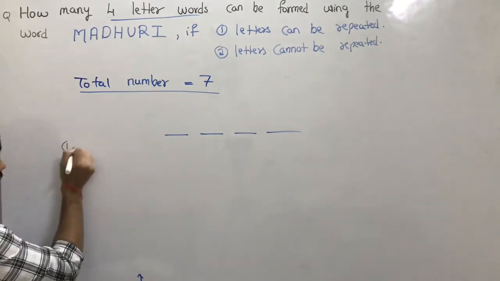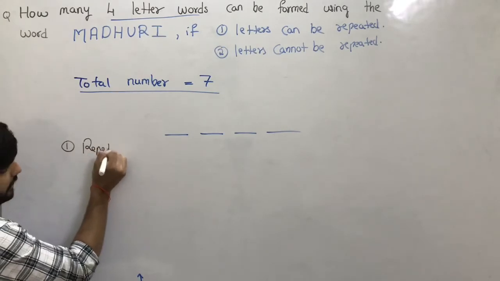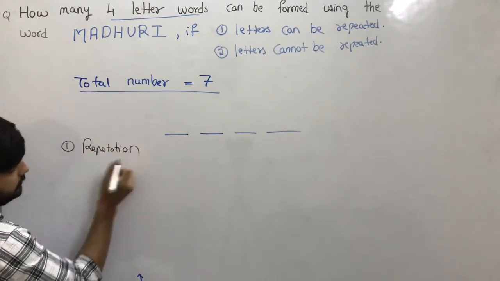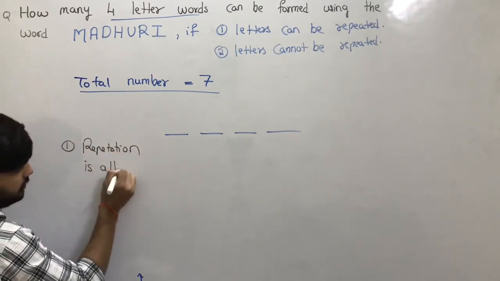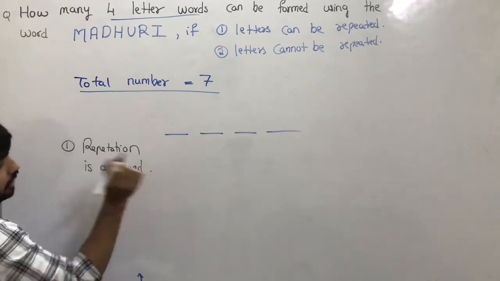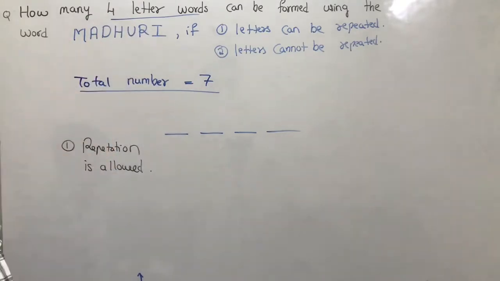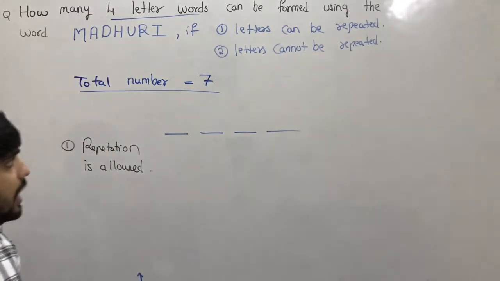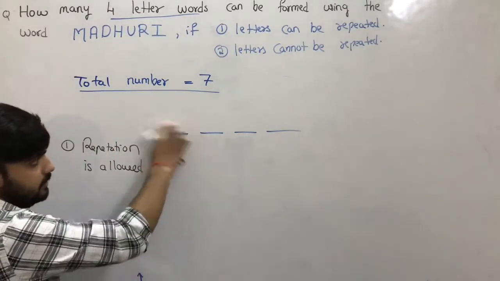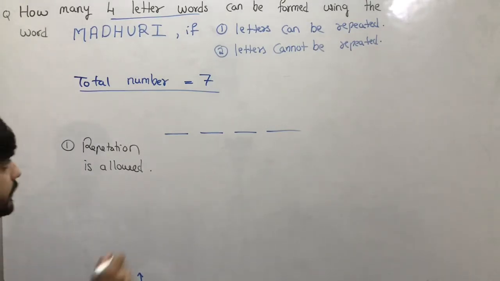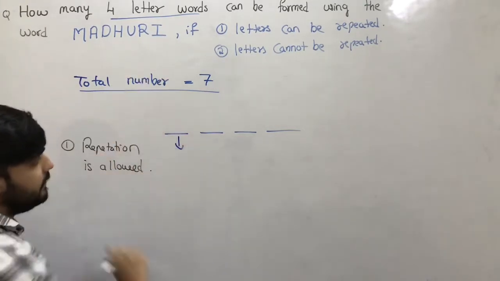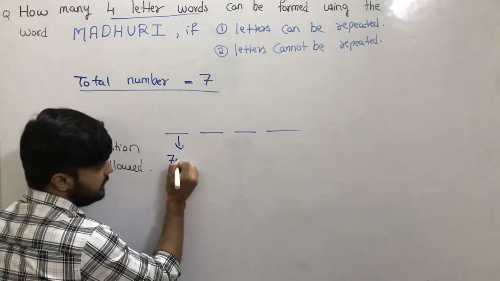Whenever repetition is allowed, you can take any of the letters. So the first place can be filled with any of the 7 letters, so we have 7 ways.